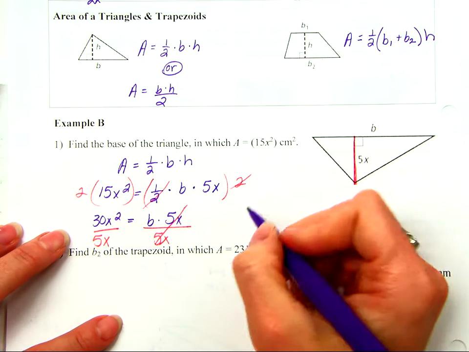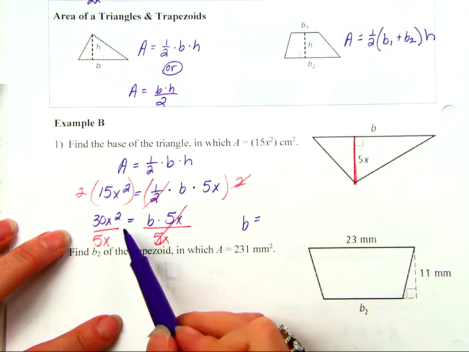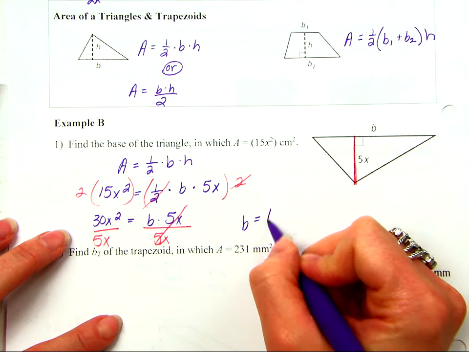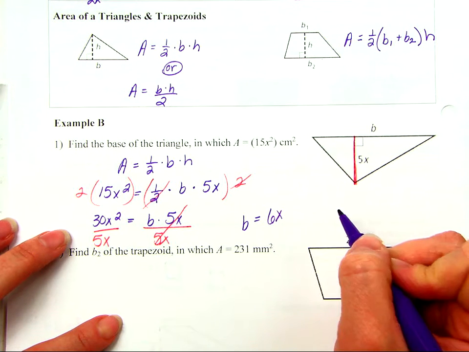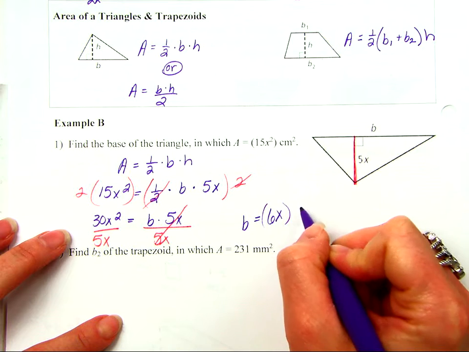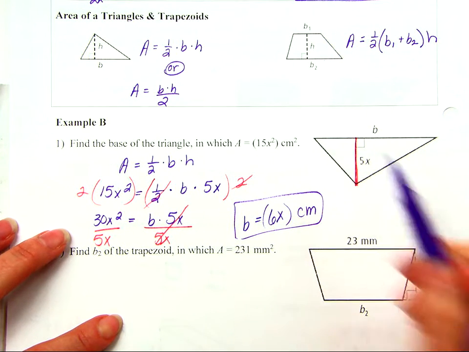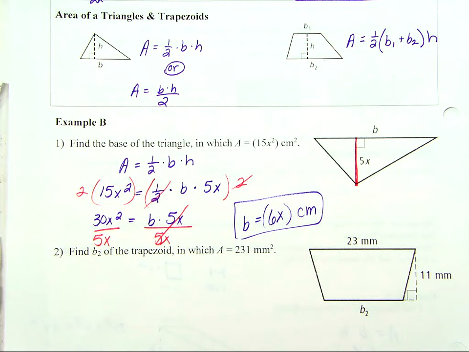Again, we're kind of reviewing our algebra here, but if I take 30x squared divided by 5x, I'm going to end up with 6x, in this case 6x centimeters. This is going to be a linear measure, and we want to make sure that we are labeling our answers.